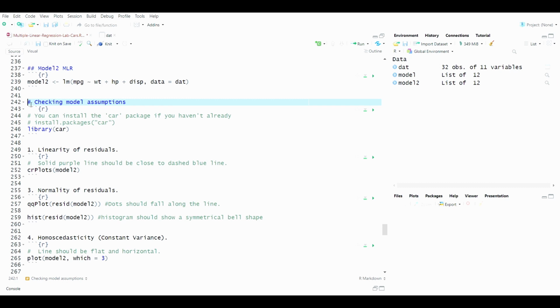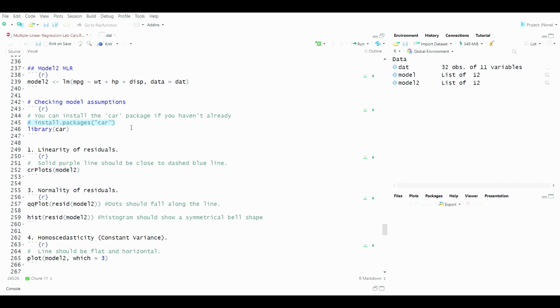Okay, checking model assumptions. Checking model assumptions might be the very hardest part, but we can do this. I'll walk you through step by step. Let's start by installing the car package. If you haven't already done this, you should have already done this, but if you haven't, do it now. I have a little hashtag here so that when you go to run the whole chunk or knit it, you don't have to install it every time.